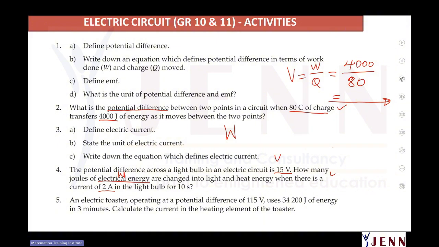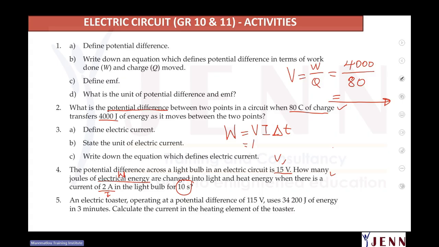If I have work done, potential difference, current I, and time, delta T, you will find the formula there. That's the formula we use to calculate electrical energy or work done.